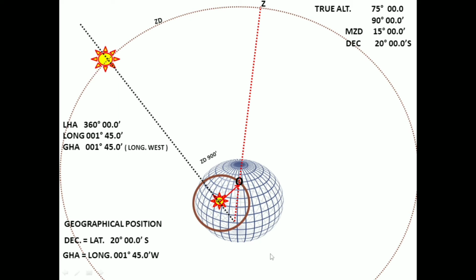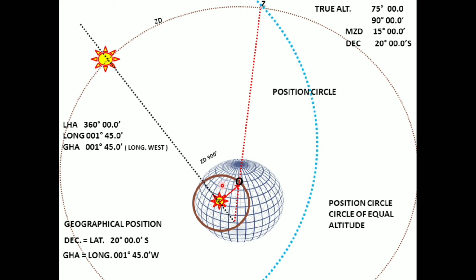So this is your position circle, and we call this the circle of equal altitude, because an observer anywhere on this circle would have the same altitude of the celestial body, of course depending upon what time he's observing it, but everybody will have a similar altitude or similar zenith distance.